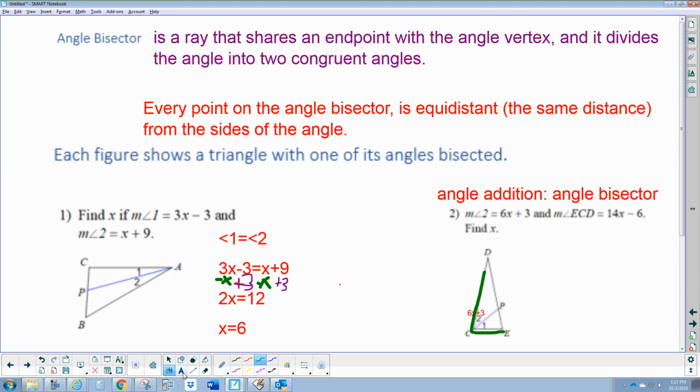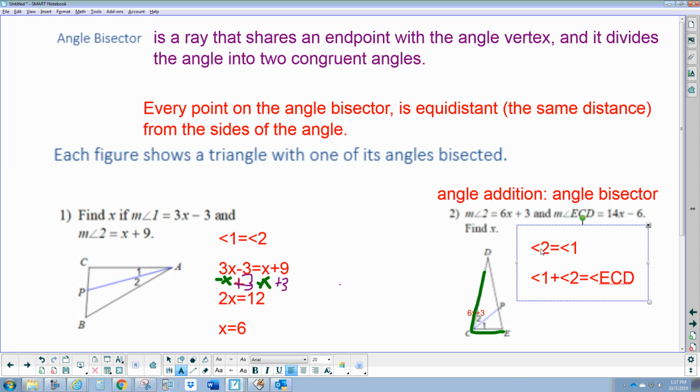Now the first thing that we know is that angle 2 is equal to angle 1. We know that angle 1 plus angle 2 is equal to angle ECD. Okay, those are the two things that we know.